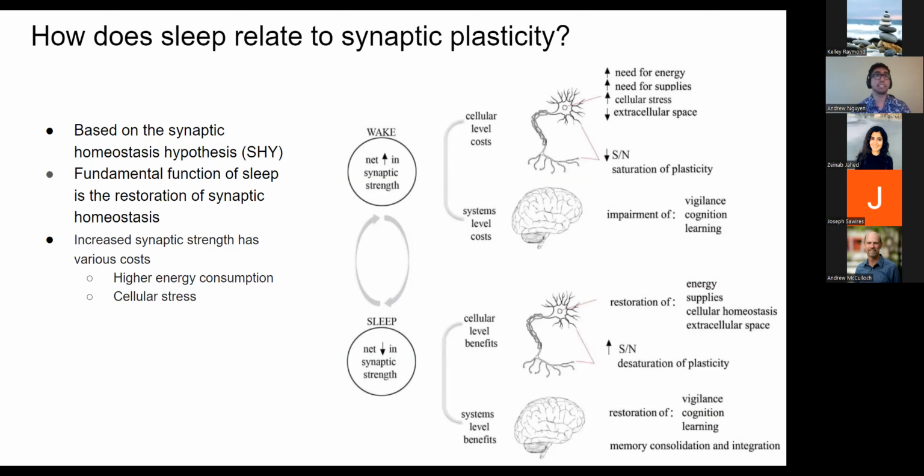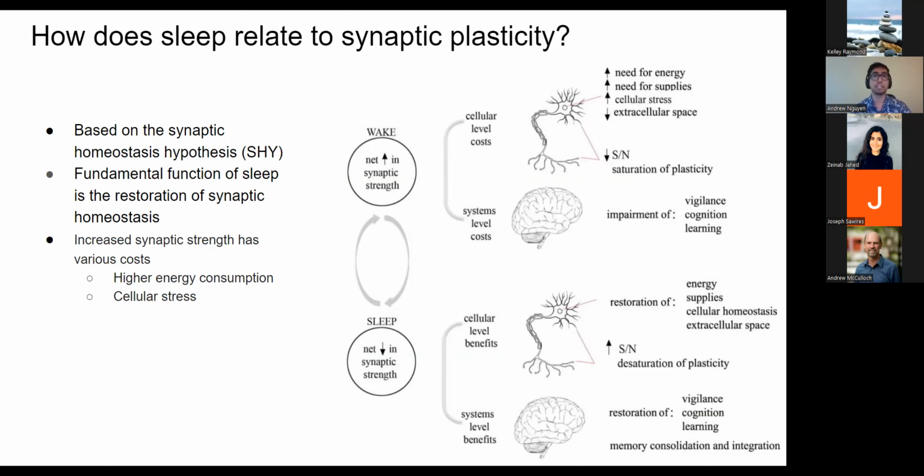An increase in synaptic strength has various costs at the cellular and system level, including higher energy consumption and greater demand for the delivery of cellular supplies to the synapses, which leads to cellular stress associated changes in support cells, such as glial cells. Increased synaptic strength also reduces the selectivity of neuronal responses, and essentially it saturates the ability to learn.